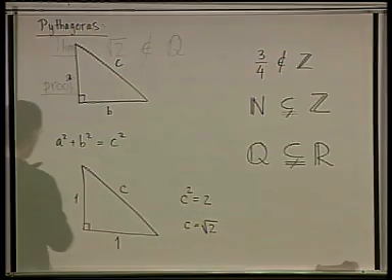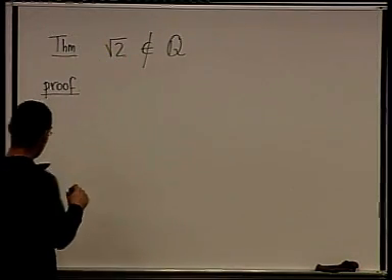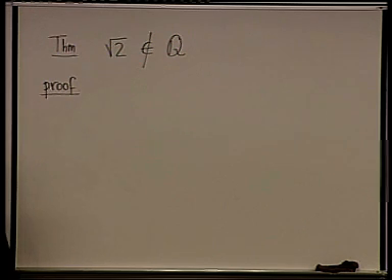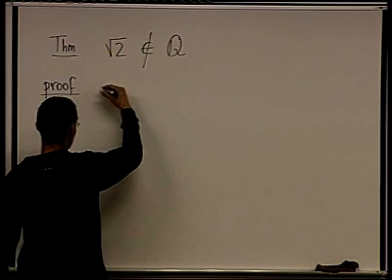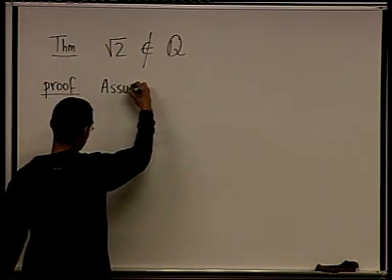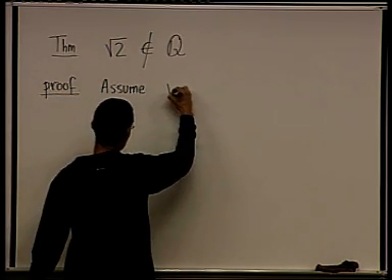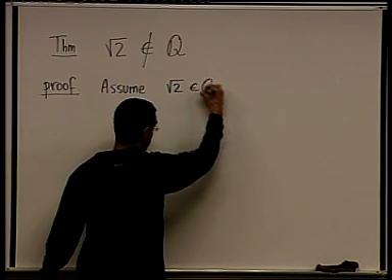So the way I'm going to do it is called proof by contradiction. Okay? I'm going to assume that root 2 is rational.